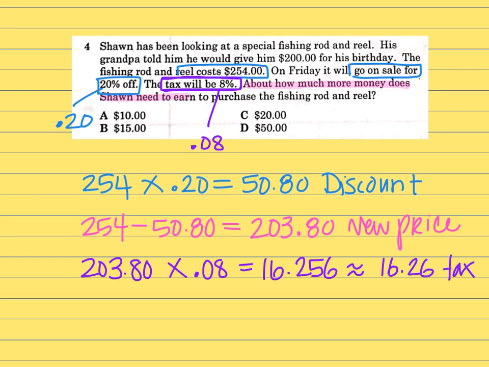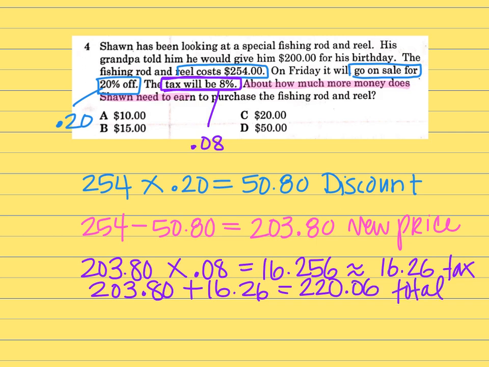This is tax. Now, I need to add that together with the price, $203.80 plus $16.26 tax. When you type that in on your calculator and add it up, it's $220.06. That's going to be the total amount of money he needs.